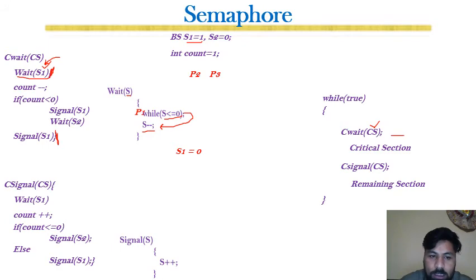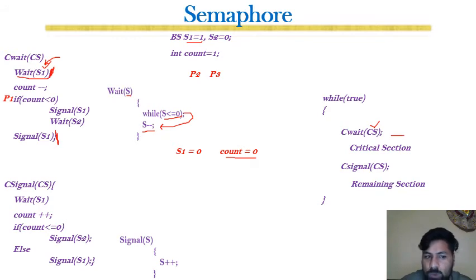And now it will return to count minus minus, and it will execute count minus minus and the value of count will become 0. Next it will move ahead and check if count is less than 0. If count is less than 0, then signal on S1. You can see here that count's value is equal to 0.